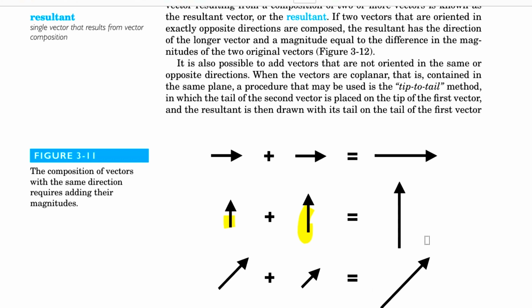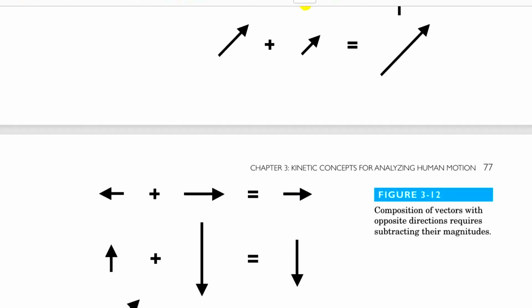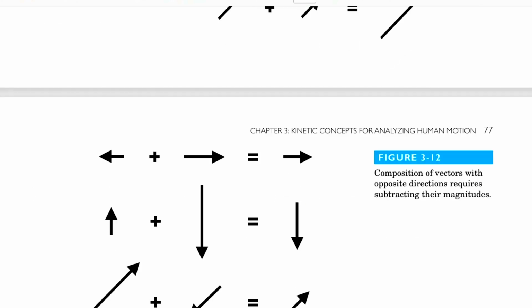But when we add opposite direction arrows, we have to subtract the magnitude. That means from this arrow we have to subtract this, but the direction will remain that of the bigger arrow.